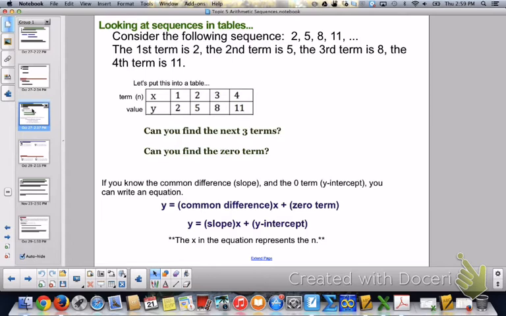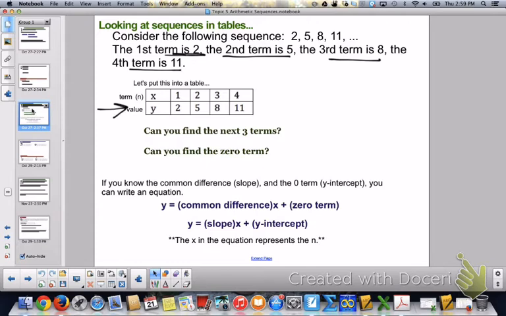Okay, looking at sequences in tables. So sometimes it's easier to look at it if you have the sequence 2, 5, 8, 11. The first term is 2, the second term is 5, third term is 8, fourth term is 11. So we put that into a table. The term number, and we often call that the nth term, is our x, and then the sequence itself goes in for the y values.